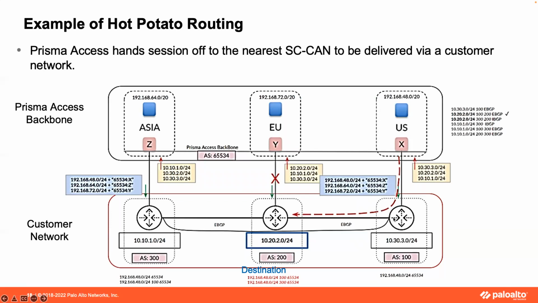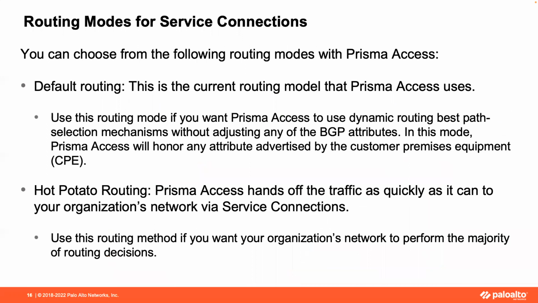I'll take that down into my data center where I have my own BGP set up, and I will forward traffic to Europe using my internal BGP peering ASs and all of that good stuff. You have the ability to choose either one. By default, we do the default routing. You can set up the hot potato routing.